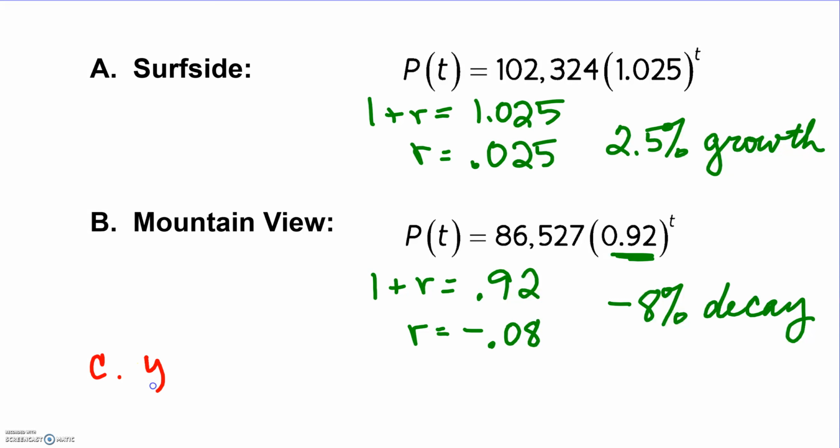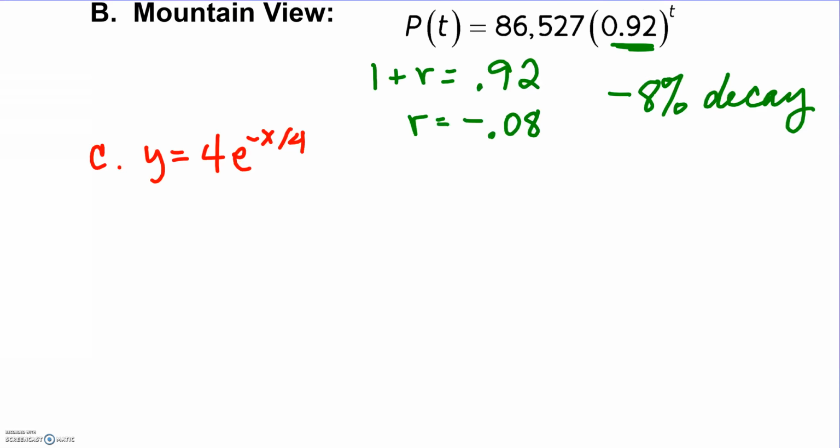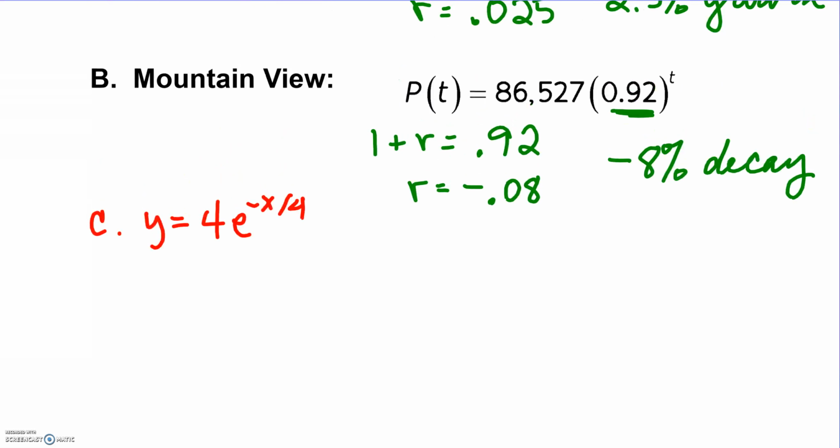What if you have y equals 4 times e to the negative x over 4. Now, this one's a little more weird here because it's hard to tell what's being raised to the power. Remember, on these first two, it was always an initial value times something to the t power. Here I used x instead of t, but same situation.